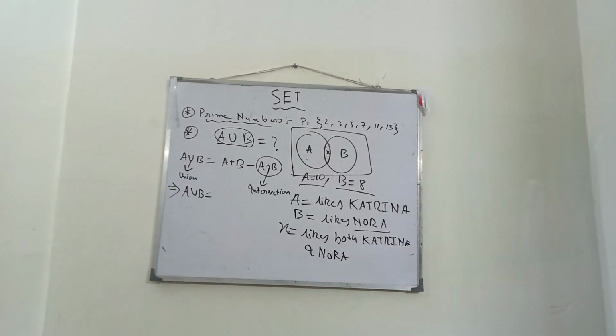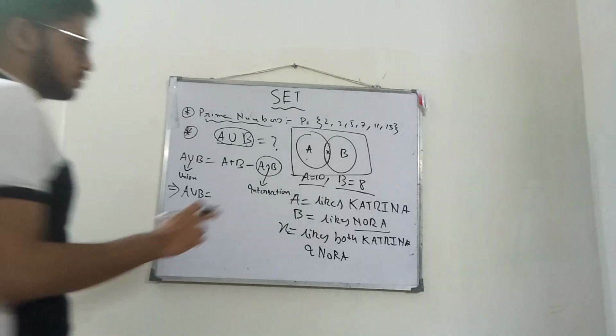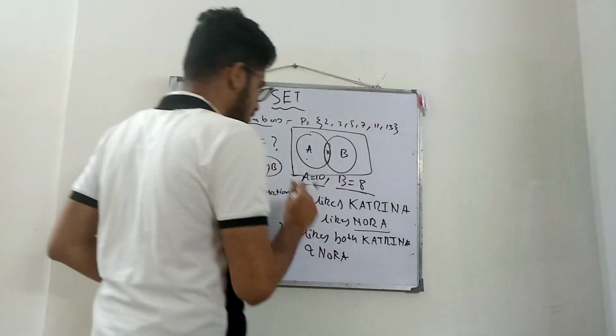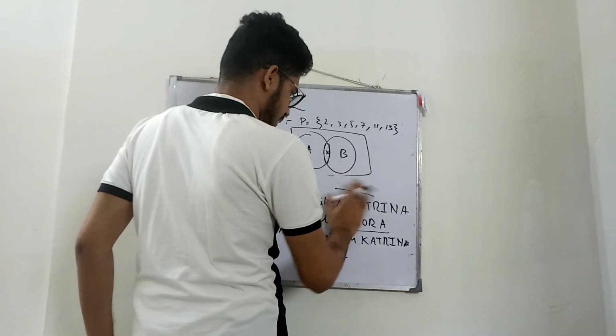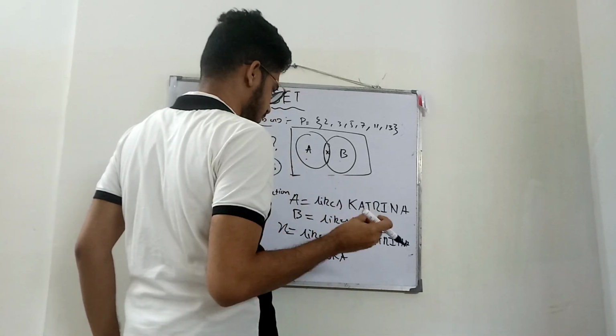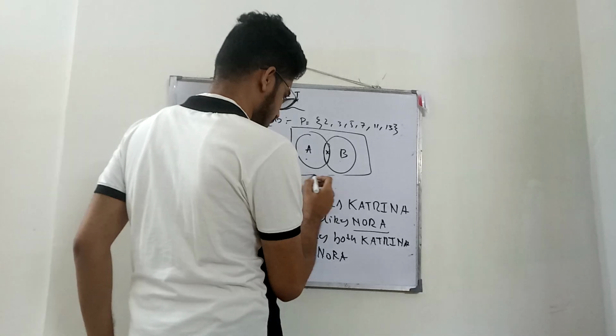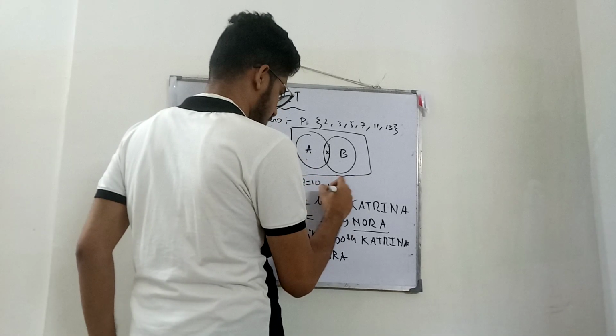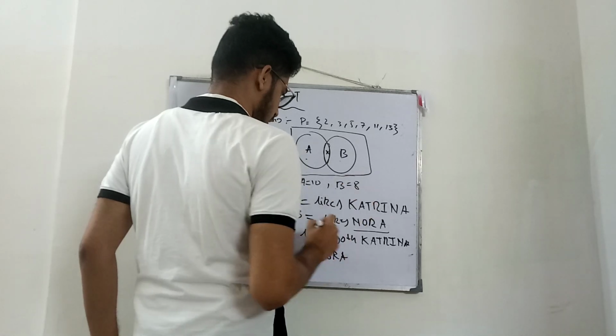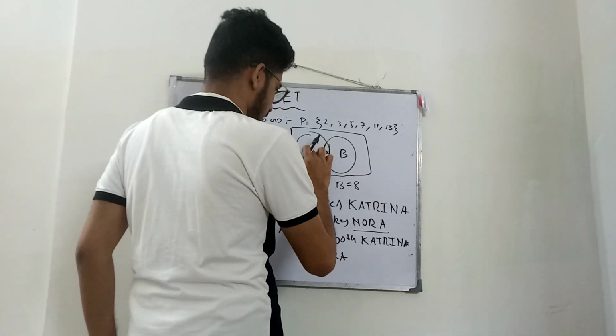Suppose this is A, and A is equal to 10, and B is equal to 8.